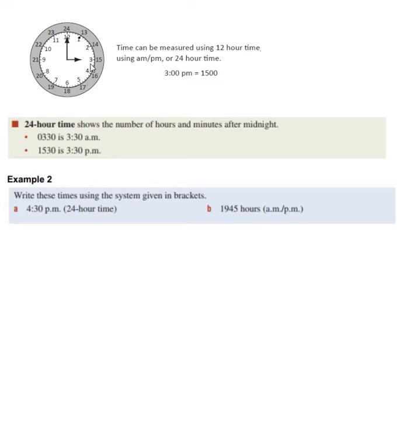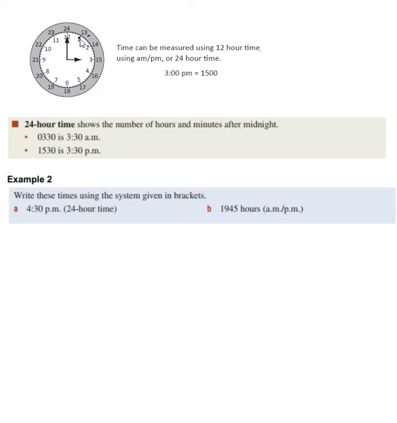That would be 2 AM, 3 AM, 4 AM, 5 AM, all the way up to midday. Okay, so remember they were all the AMs. Now, in normal time, we would just continue around the circle again, but we would call it PM. In 24-hour time, we just keep going from 12 and jump to 13.